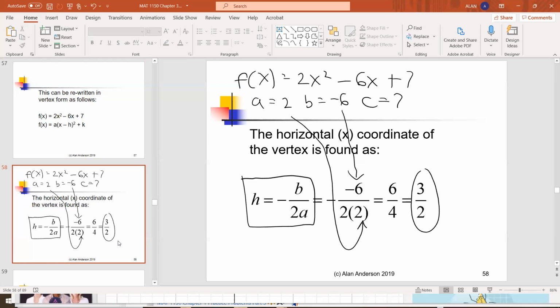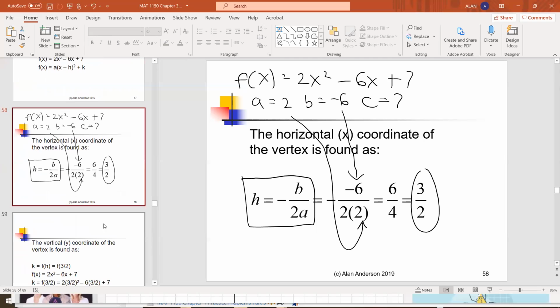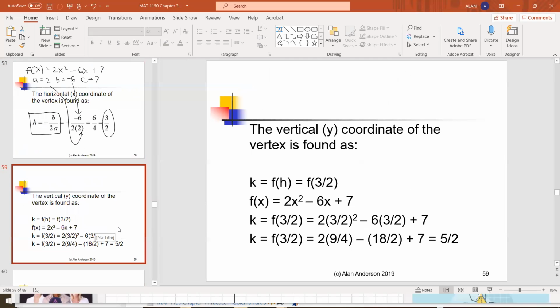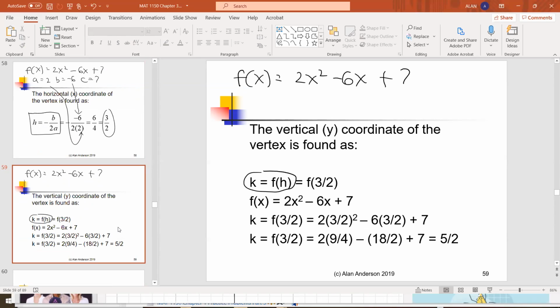So what about the k part? How do we know that k is 5/2? Well, that's the easy part, because what you're doing is this. Once you know the 3/2, k is just the original function evaluated at h. Okay, so remember, f of x is 2x squared minus 6x plus 7. H is 3/2, sorry.